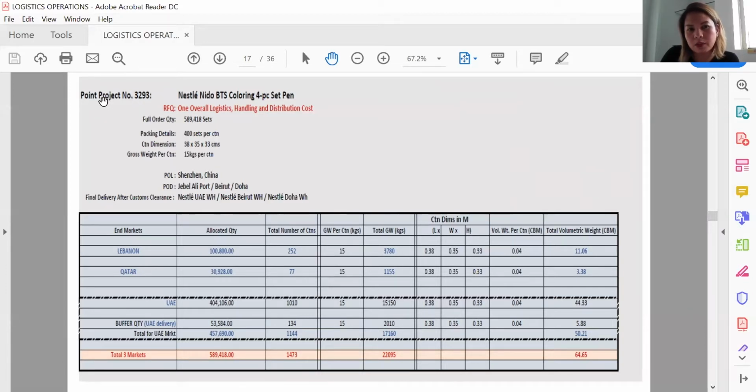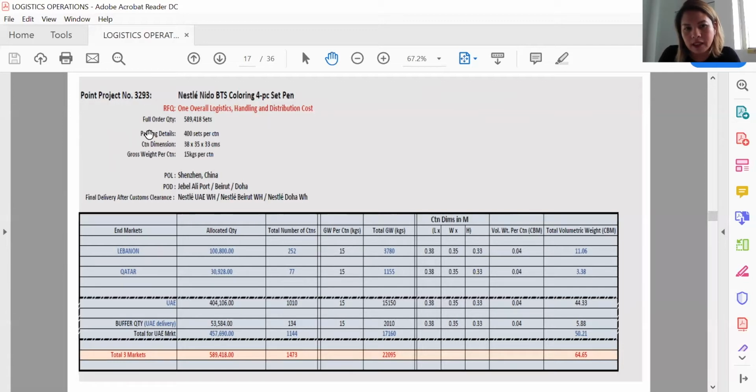There is the project number, the project name, and this is my RFQ: overall logistics handling and distribution cost. That's my subject, RFQ. The full order quantity is 589,418 sets of coloring pens. It's a 4-set coloring pens, and that's the quantity.